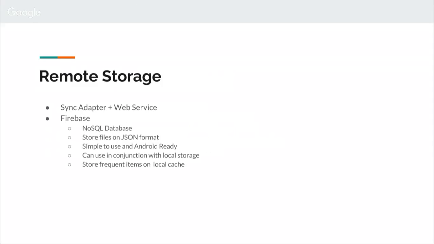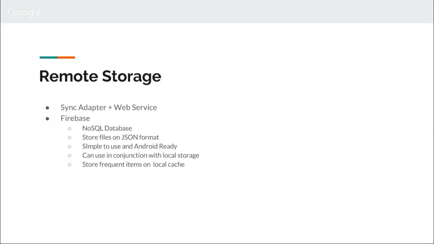Instead, they store everything in a JSON format. But it's already integrated with Android. And in fact, you can actually use Firebase right now if you use Android Studio because it already has the option to link to a Firebase project.